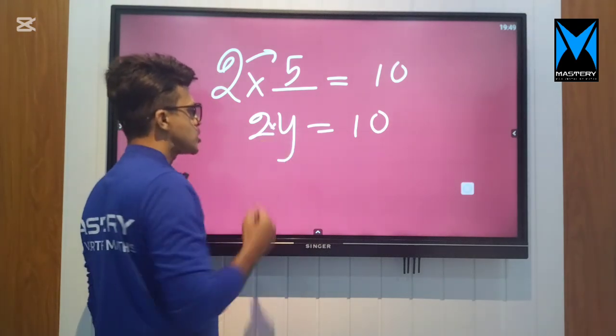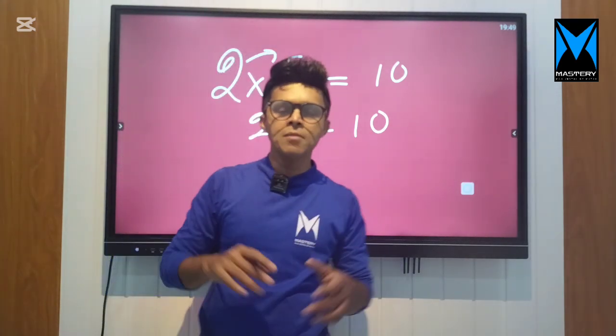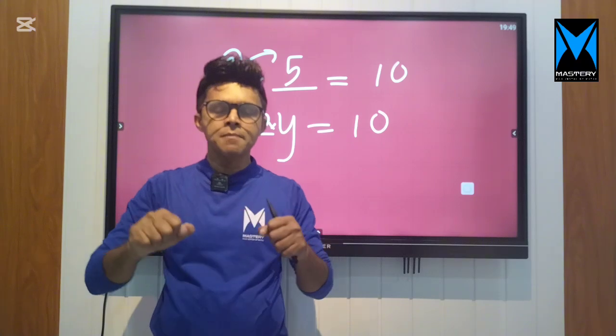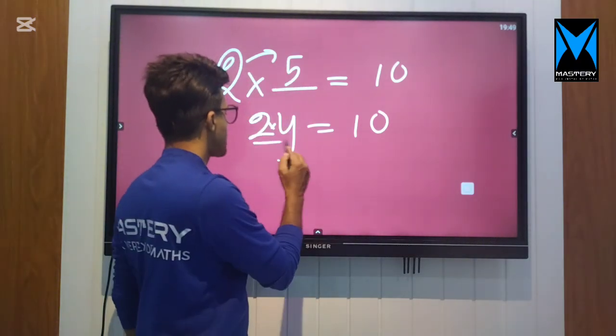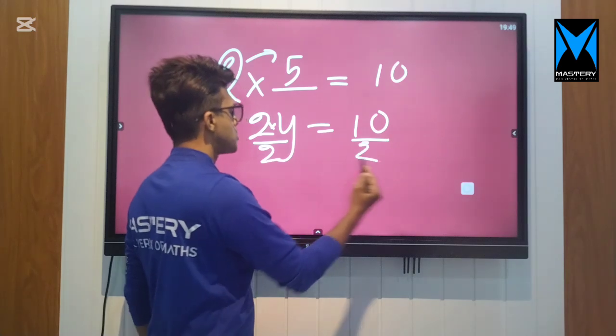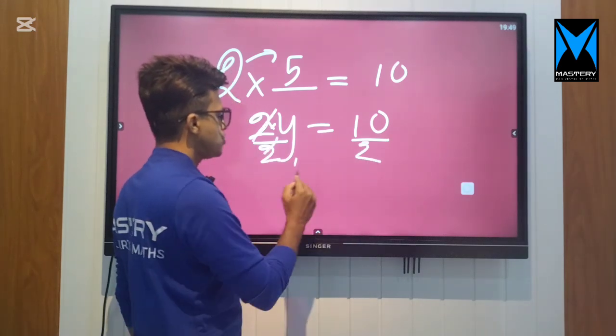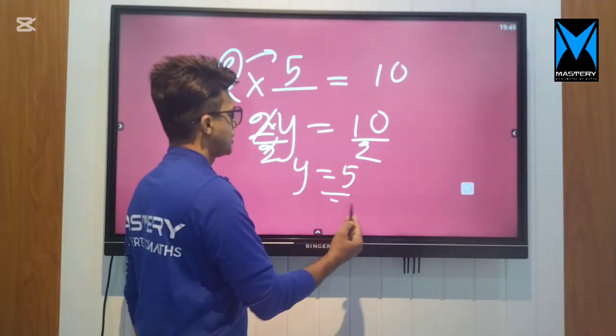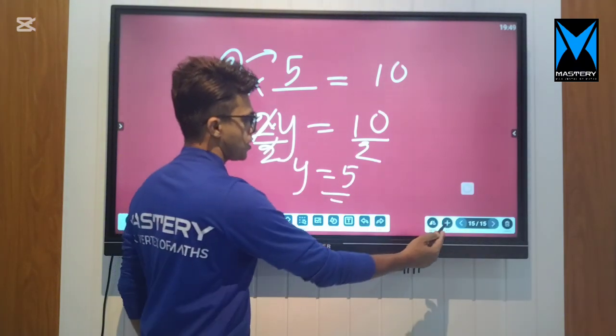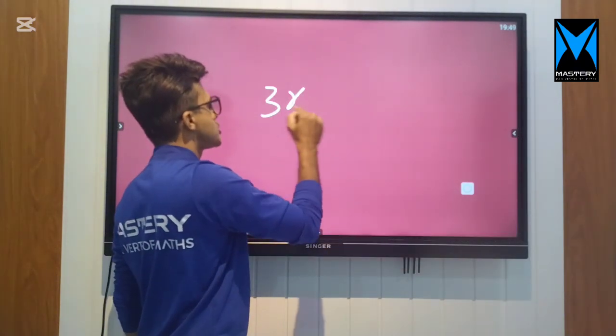Right now between 2 and y there is multiplication. When it multiplies, you could divide both sides by 2. Simplify this 2 and this 2. y equals 10 upon 2, which is 5.